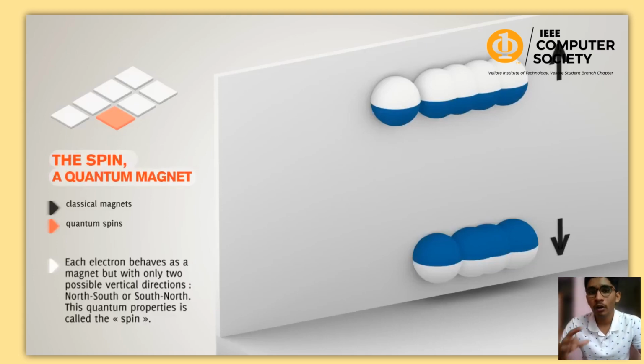The behavior of these electrons and the magnets is totally different. So that's what we need to conclude: the electrons do not have the same behavior as the classical Newtonian laws that work for the magnets.